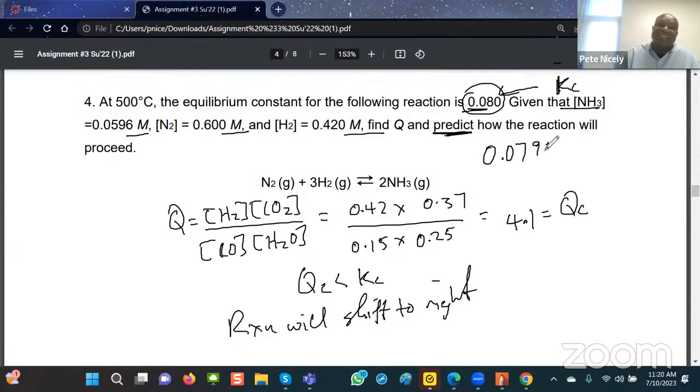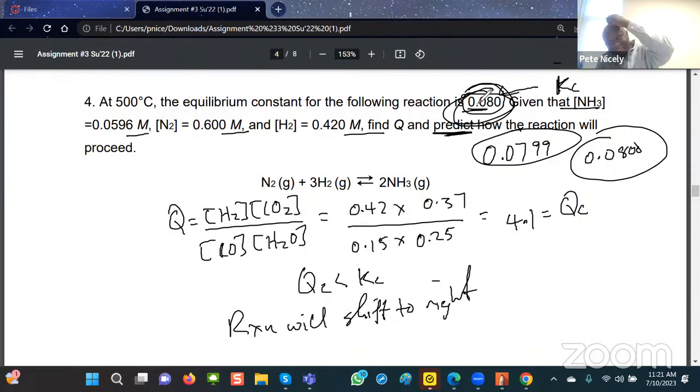Yes, exactly. As long as there's a difference between that and that. Now, if the answer was 0.0800, then there'll be no shifting, because this is exactly equal to the KC value. As long as there's a numerical difference between KC and QC, there will always be a shift either to the right or to the left, depending on whether QC is greater than KC.